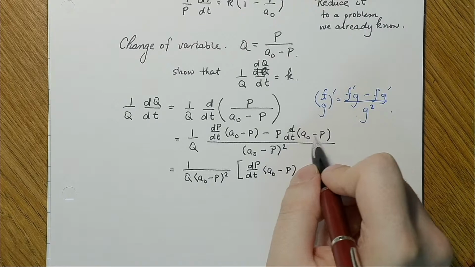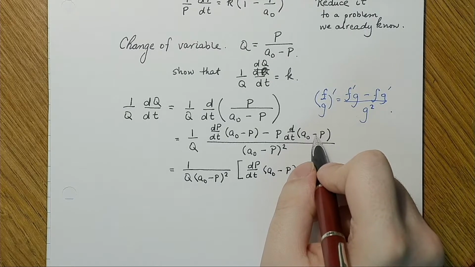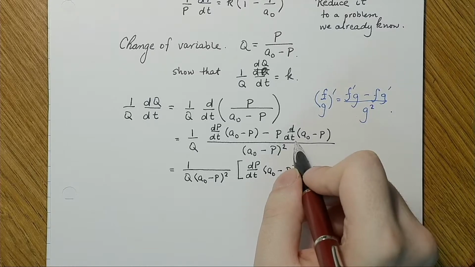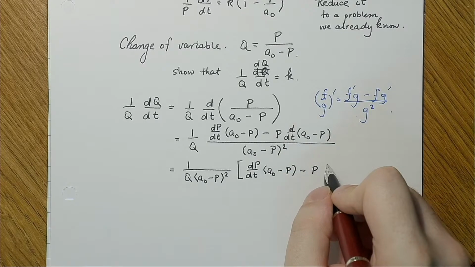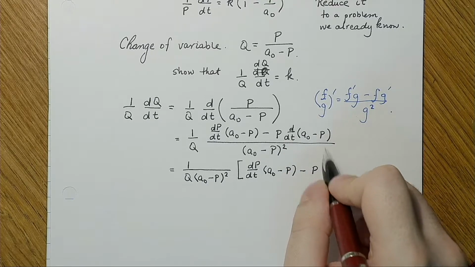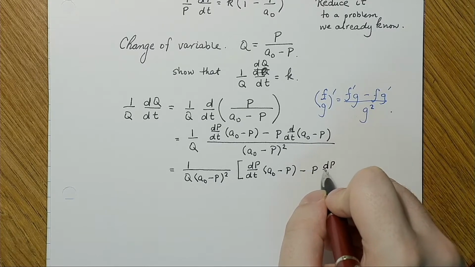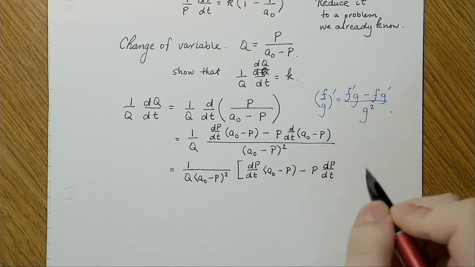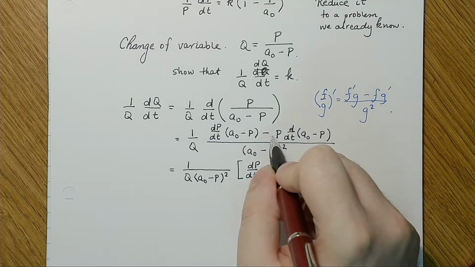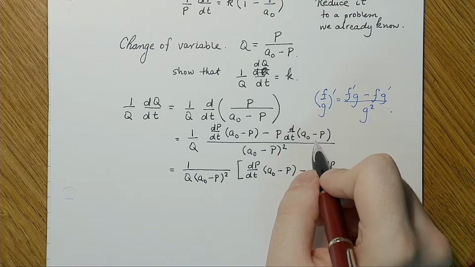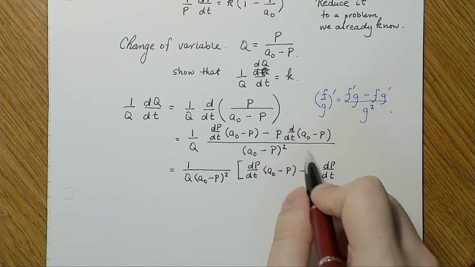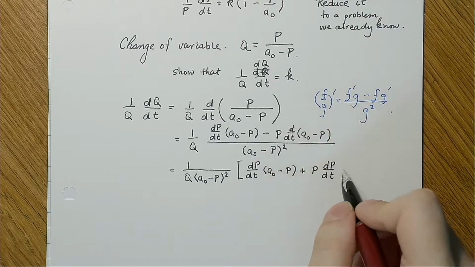A naught is a constant, so I don't have to worry about that. And I have to take the derivative of p with respect to t. So that becomes dp by dt. And I have a negative and a negative, so again, I have to remember, respect the negatives. So the negative in the negative becomes positive.